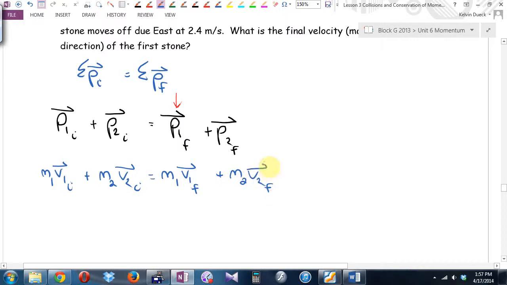Okay. I'm not used to having 4 terms, but it's only uglier. I don't think it's going to be that bad. And again, there's what we're looking for, that V1 final.